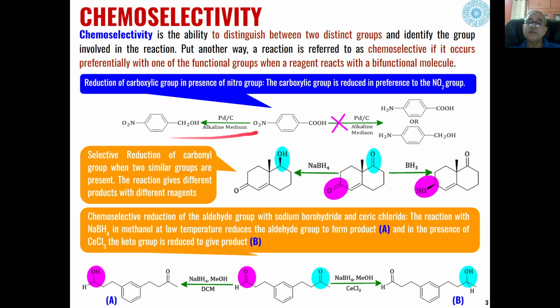So out of the two functional groups, this reagent has selected the reaction to take place at this functional group and not at the nitro functional group.